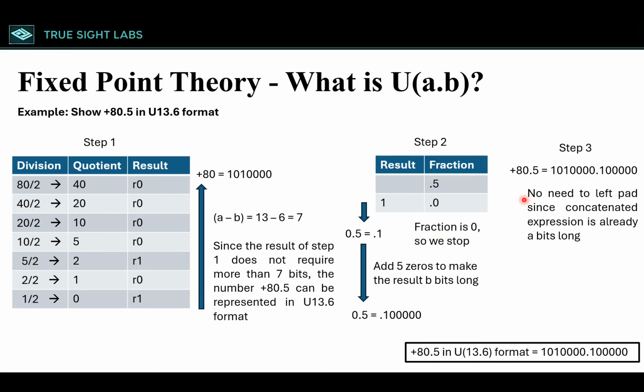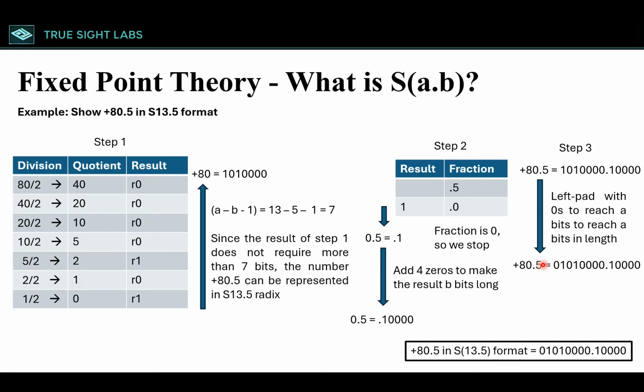And we get this value here after adding zeros. Append them. And since this is already 13 bits long, there's no need to do anything else. So then this here is the expression. So let's go back.